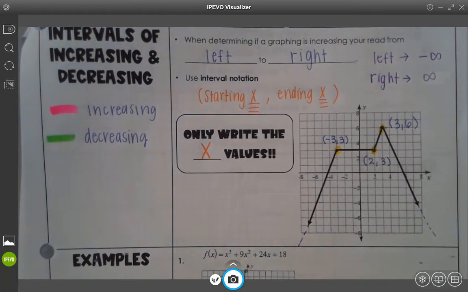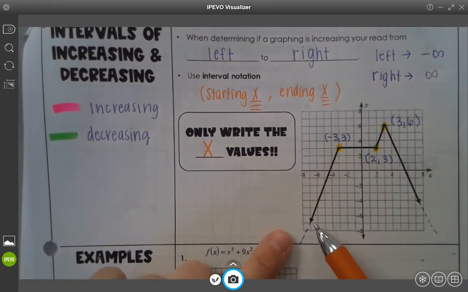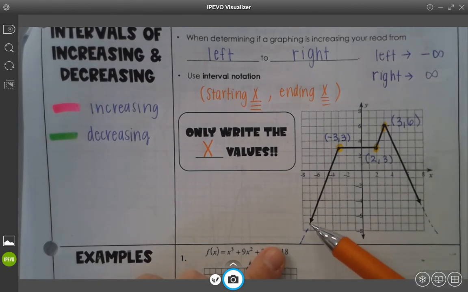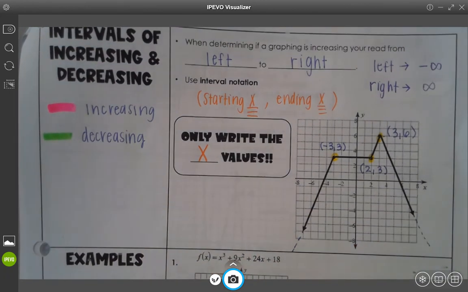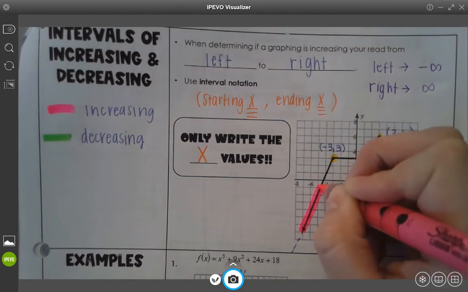So let's look at this graph. We're going to write out the intervals. Starting at the far left, this is my starting point. If I were to trace this graph, am I going up or am I going down? Going up. So this would be an increasing interval.